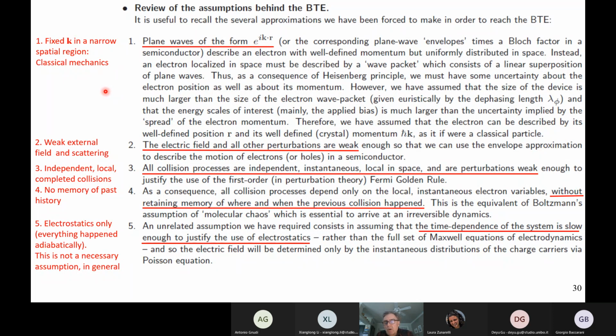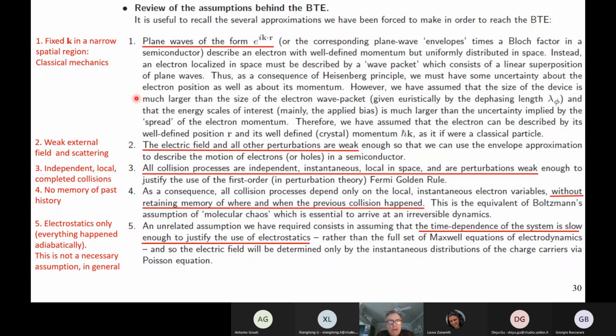So they're broad enough to have a small uncertainty in momentum and so in energy, less than kT, and yet they are narrow enough so that their uncertain position is smaller than the length scale that we're dealing with. So this constrains us to very large devices. So it's an issue, okay?